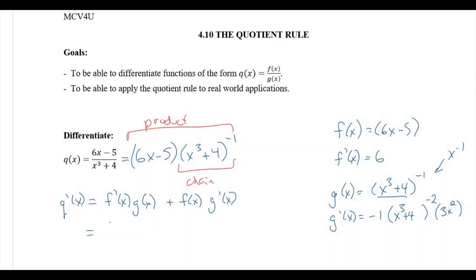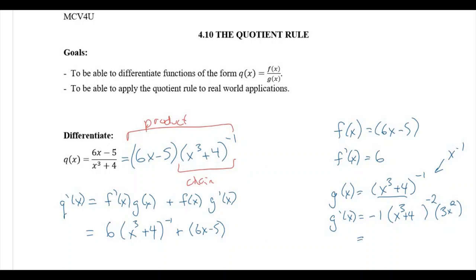So f prime of x is 6, g of x is x cubed plus 4 to the negative 1. And then we have plus f of x, which is 6x minus 5, and then g prime of x, that other derivative there.